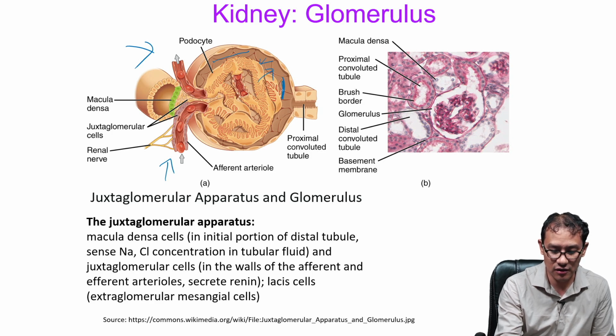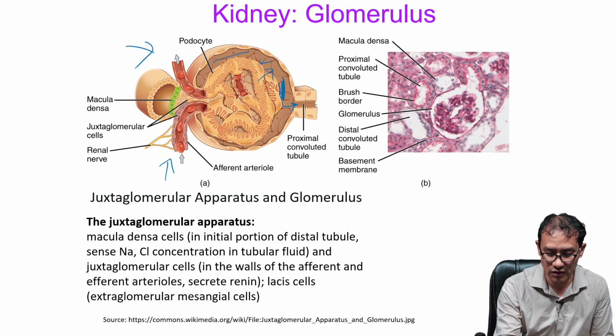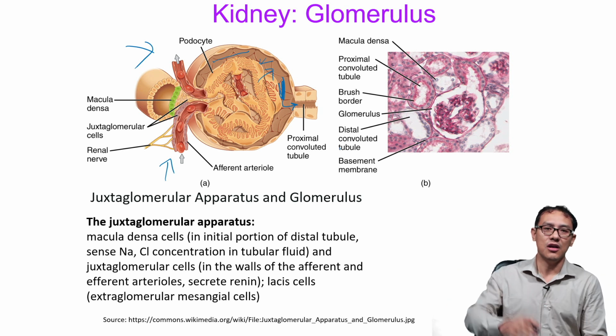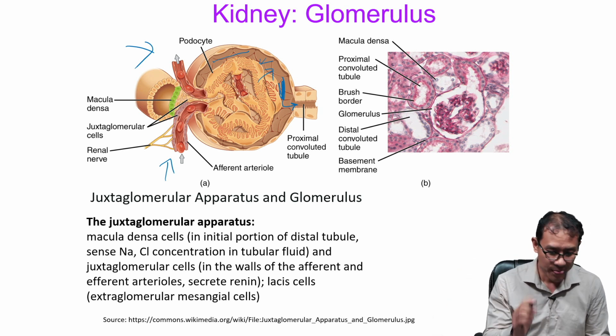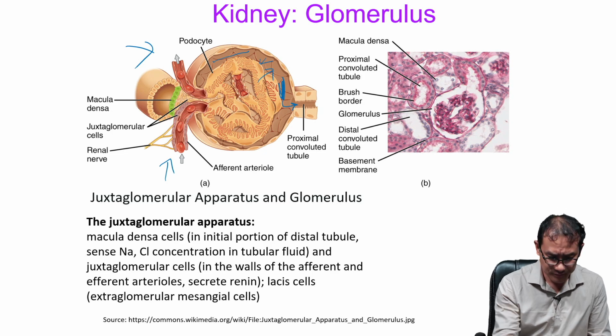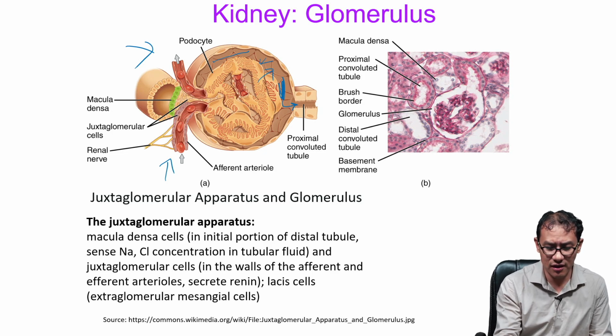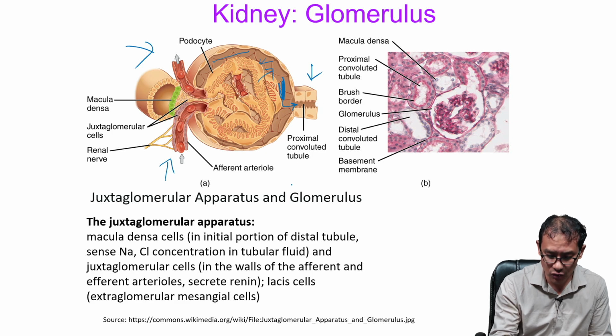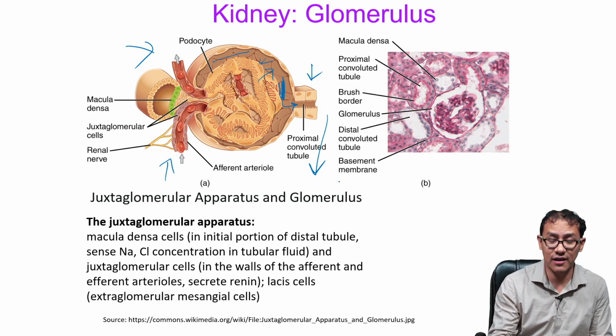Then the filtrate is collected here, and it goes to the proximal tubule, and from the proximal tubule to the loop of Henle and the others. There are certain cells which one has to understand. The first part is the proximal tubule, which leads to the descending and ascending loop of Henle.